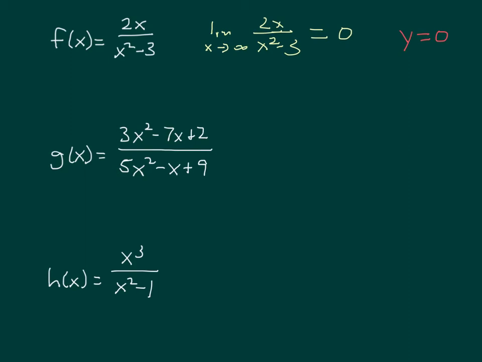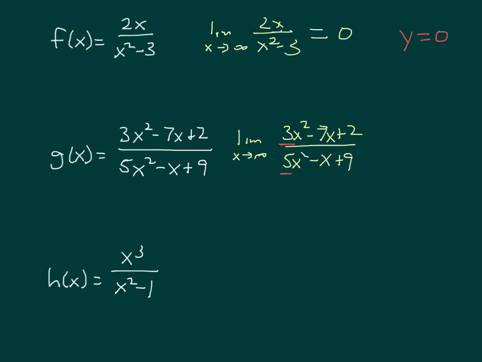In the second one, g of x equals 3x squared minus 7x plus 2 over 5x squared minus x plus 9. Then if I take the limit as x goes towards infinity of 3x squared minus 7x plus 2 over 5x squared minus x plus 9, in this case the degree of the numerator and denominator are the same, and so I know my limit is just going to be the ratio of their leading coefficients.